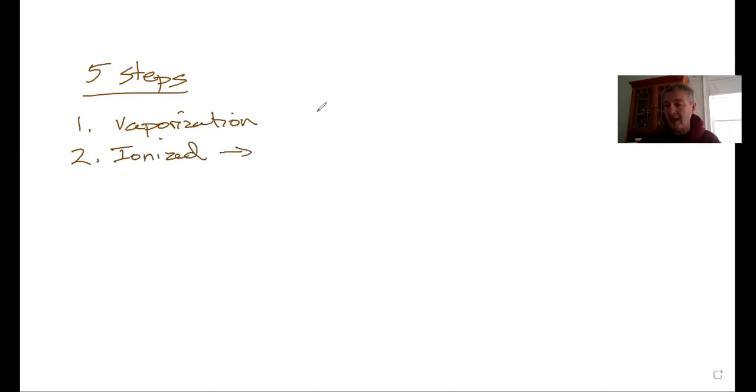All right, so what you have to picture is an electron beam perpendicular to the path of your ionized material. It's already started down this path, it's entered into this chamber, and then it's going to be spit out.